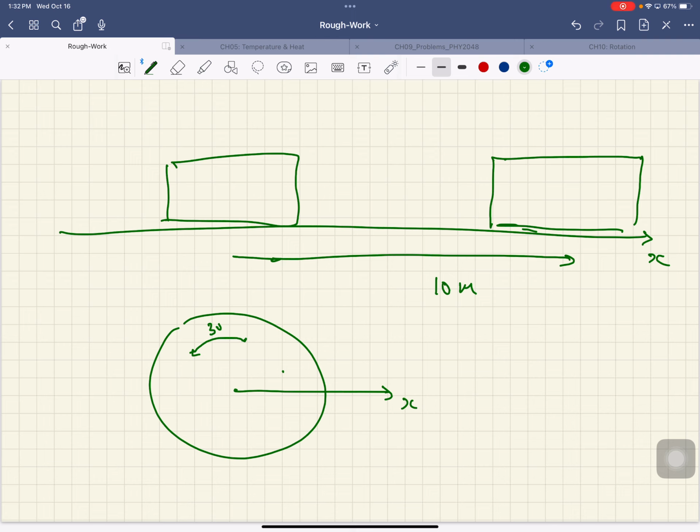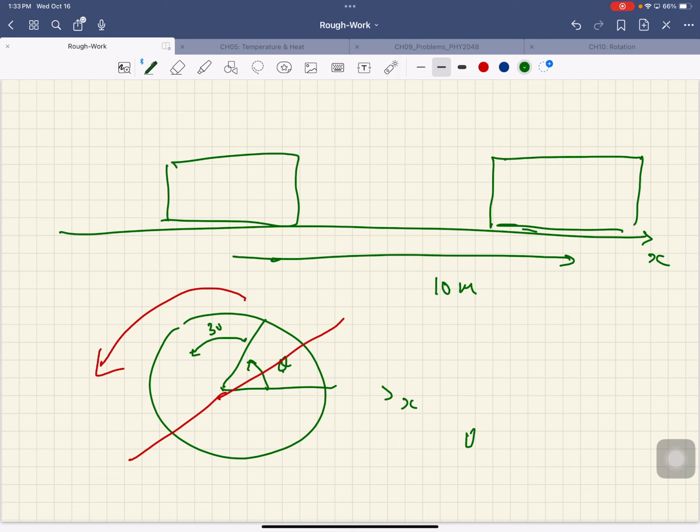So we will describe the position of this object. You'll just draw a line on the object, and this will be the position of this object, and it's rotating about an axis that's perpendicular to its plane. If it's spinning, to describe that motion, what is it that you will want?